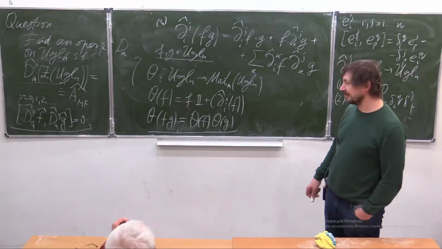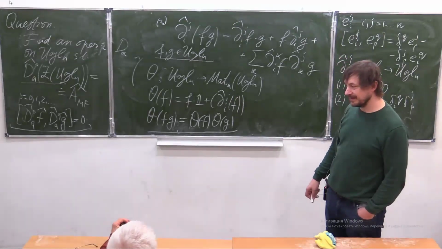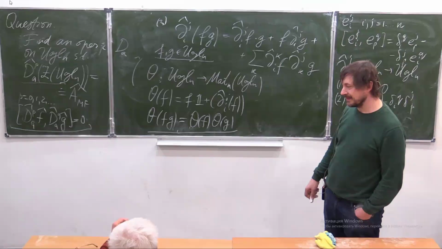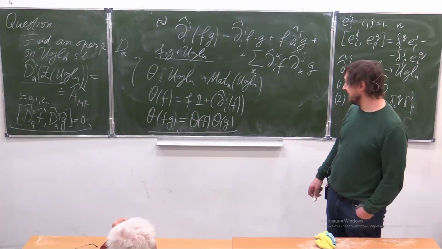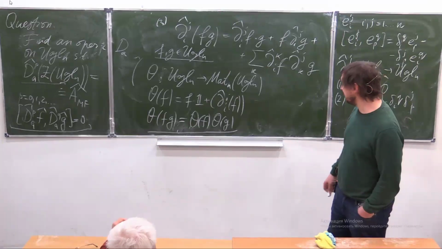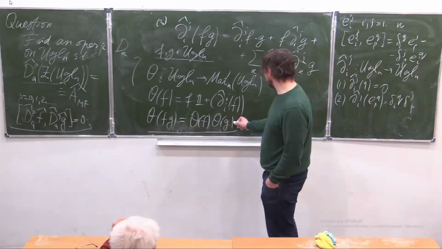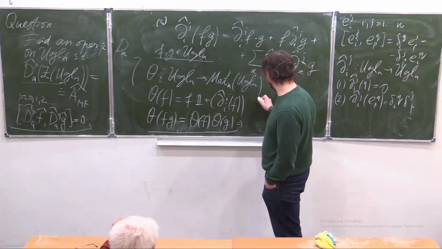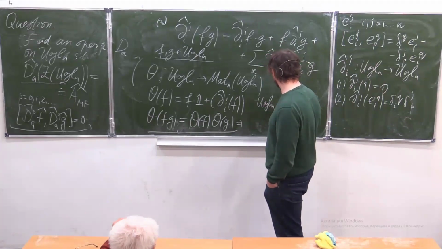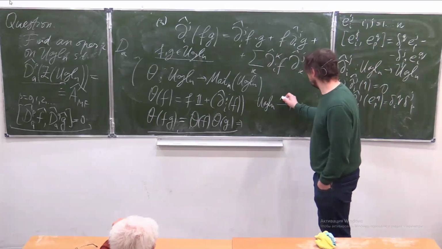Any generalizations to other cases or is it specific? Plenty of them, actually. You can actually show that this is equal, in fact, to the following map. You take U(gl_N), you can multiply it. That's very surprising.